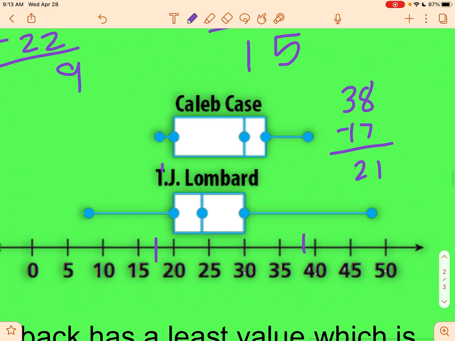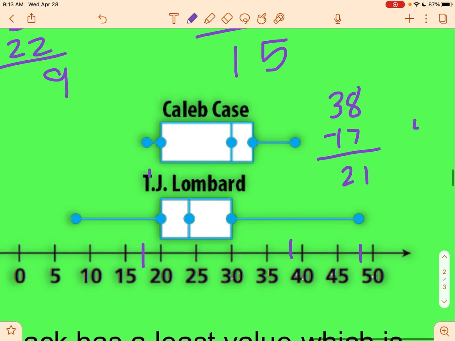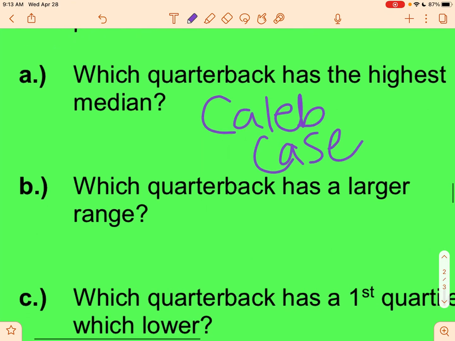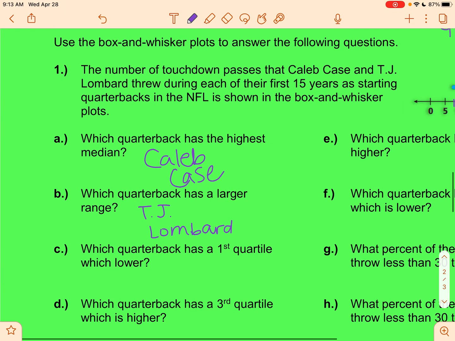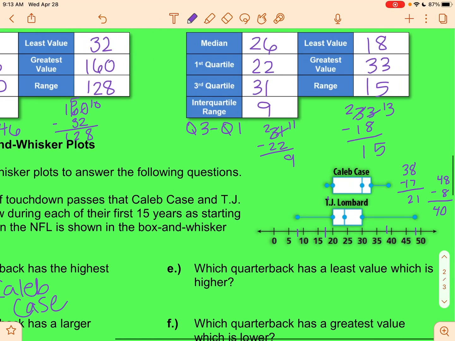Okay, now let's do TJ's. TJ's is about 48, and we're subtracting it from about 8. So we get 40. Which one is the bigger range? Alright, TJ Lombard. So that is your answer for letter B. Alright, letter C. Which quarterback has a first quartile that is lower?